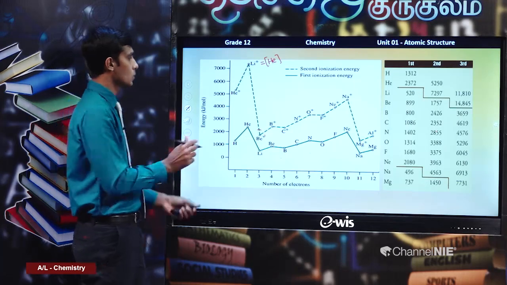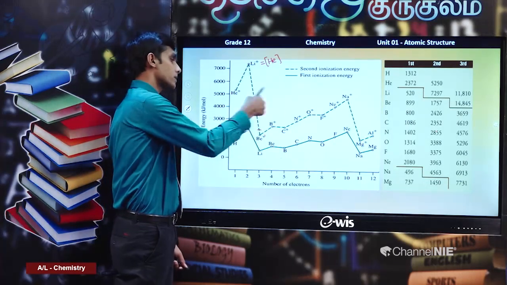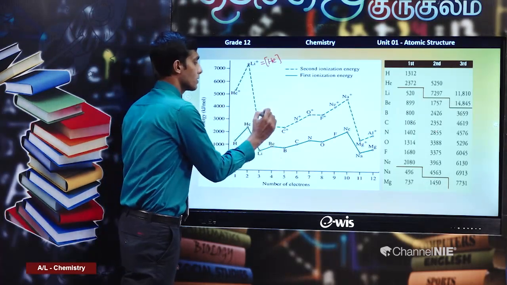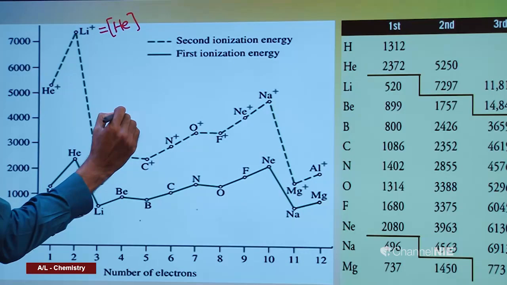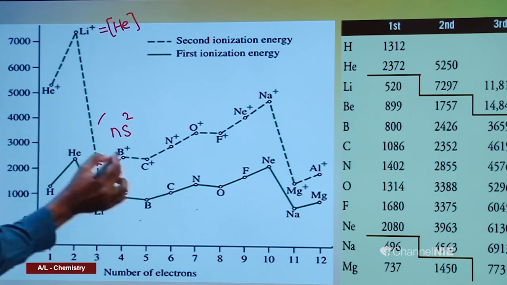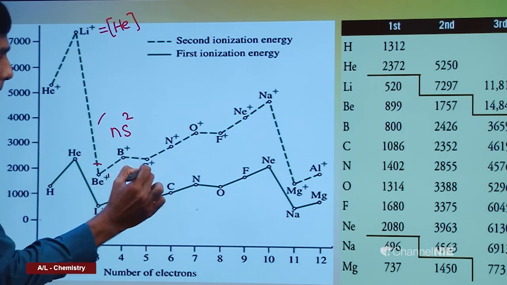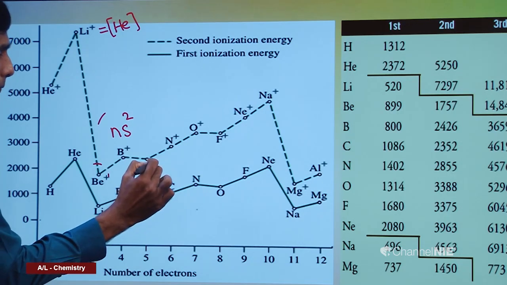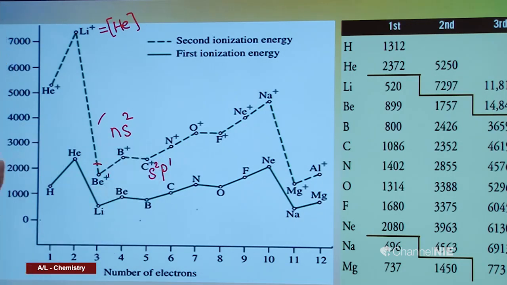Then when it comes to boron, when we remove the second electron of boron, you have NS2 configuration. That is fairly stable compared to S1 and S2 P1 configurations. And carbon, when you remove the second electron, you have S2 P1 configuration.